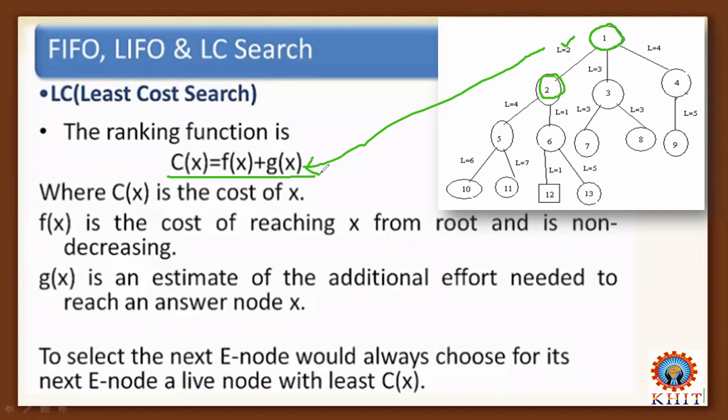And g of x is the estimated additional effort needed to reach the answer node. Among those, we consider the smaller one. We will discuss the ranking function formula clearly in the 15 puzzle problem in the next class. Don't worry about the formula.